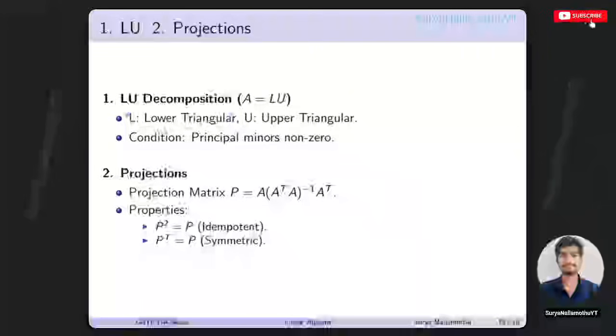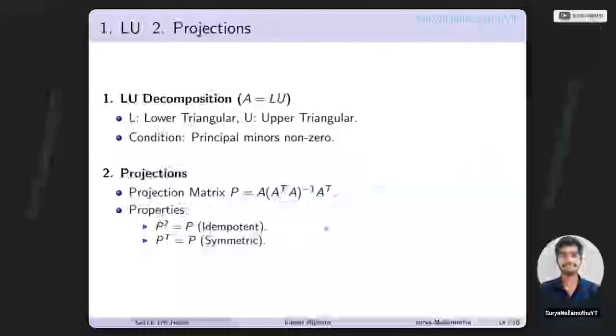LU decomposition. L is nothing but lower triangular, U is nothing but upper triangular. We need to apply the condition; here we observe projections. In these projections, the formula is A (A transpose A) inverse A transpose, divided by A transpose A. This is the formula. We applied that.